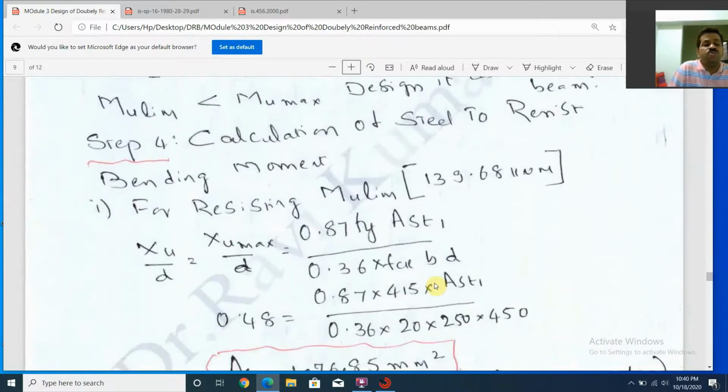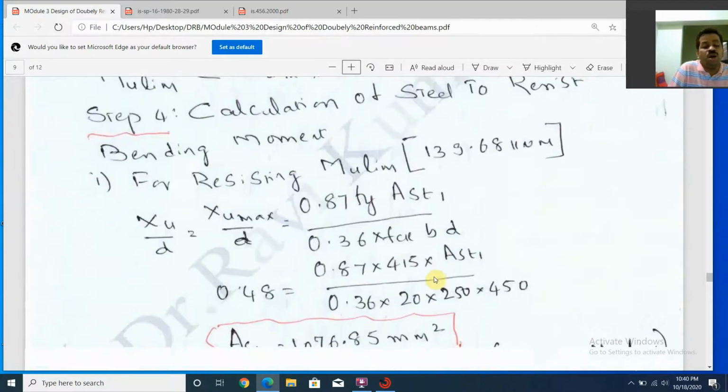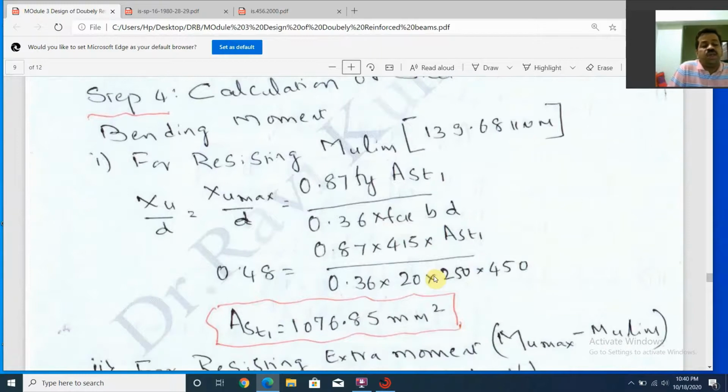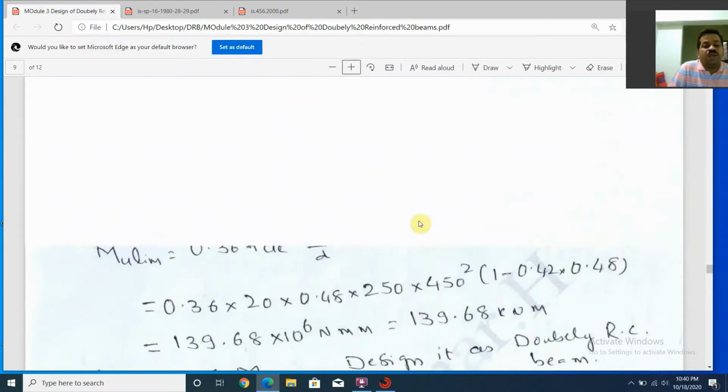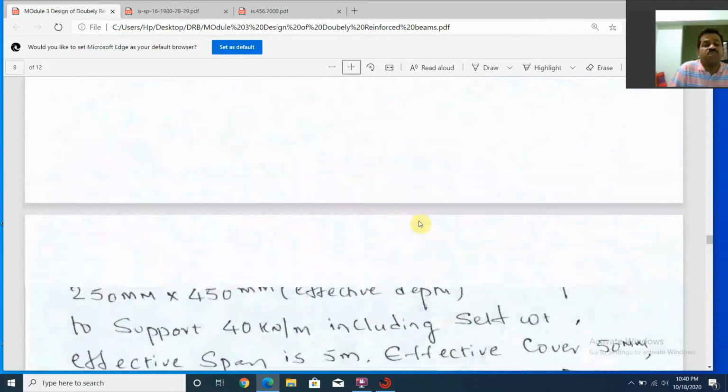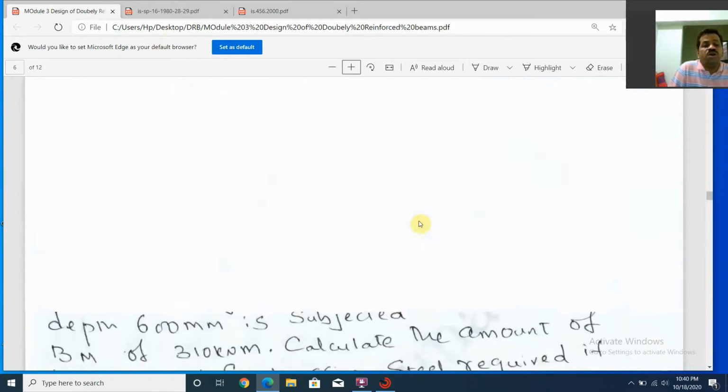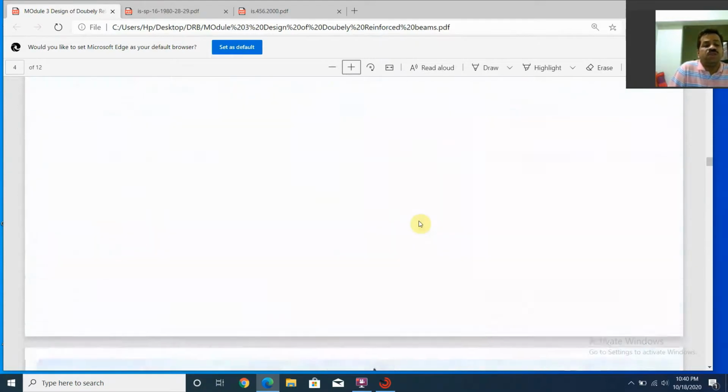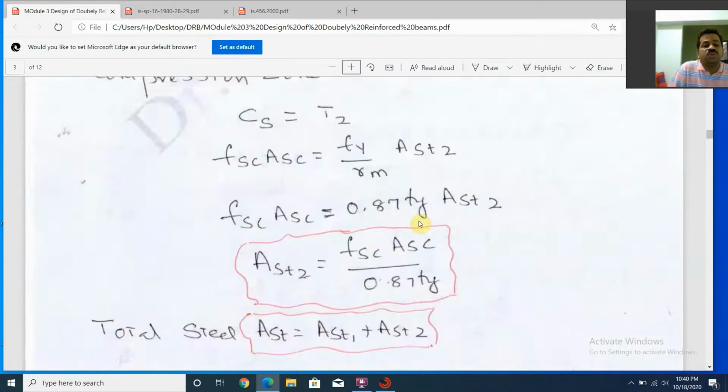For the Mu limit, I hope we did the formula, using Xu by d equal to Xu max by d, the simple formula which we discussed just now with the derivation that is given in the notes.